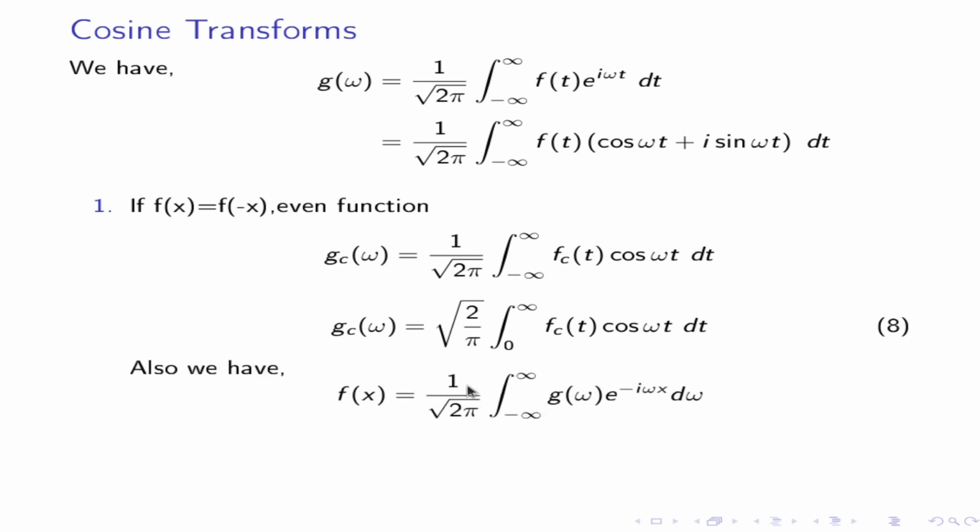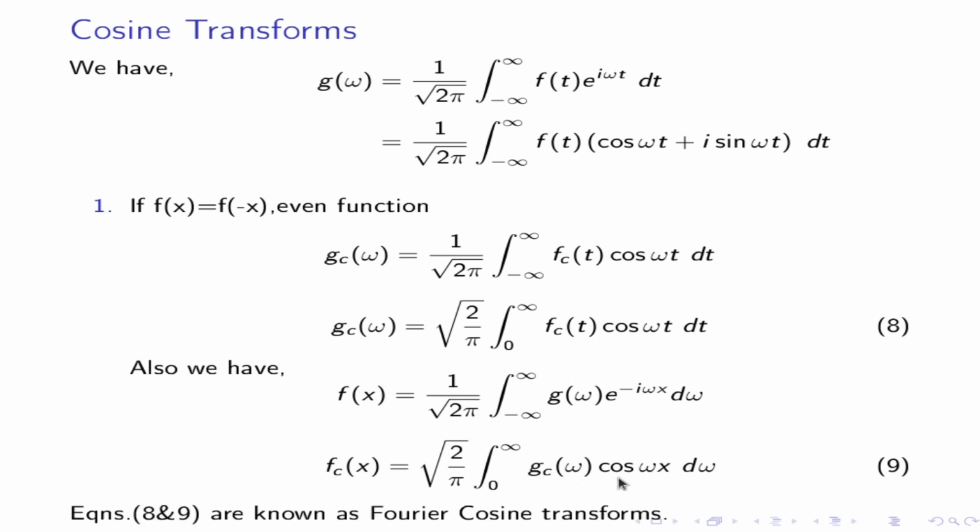And also we have the inverse transform. f(x) is equal to 1/√(2π) integral from minus infinity to infinity g(ω) e raised to minus iωx dω. That is equal to the square root of 2/π integral 0 to infinity gc(ω) cos ωx dω. This is the cosine transform and inverse cosine transform.